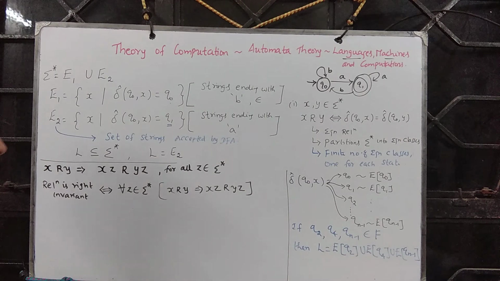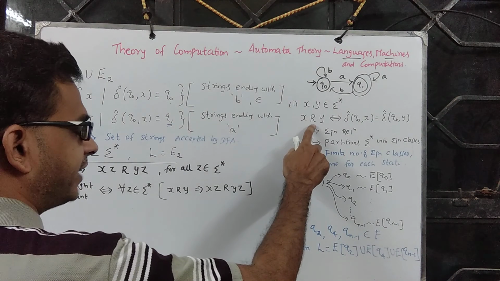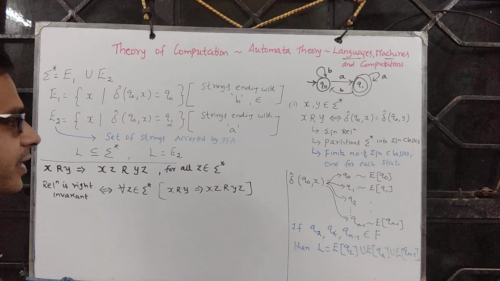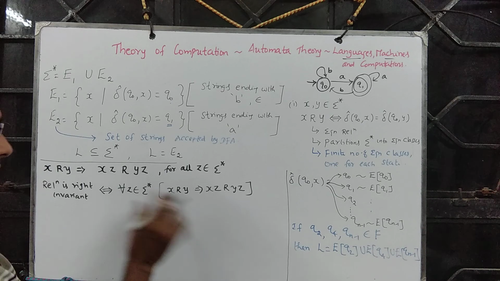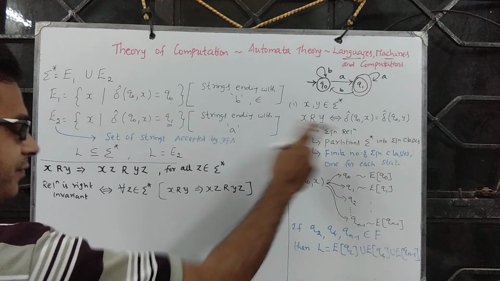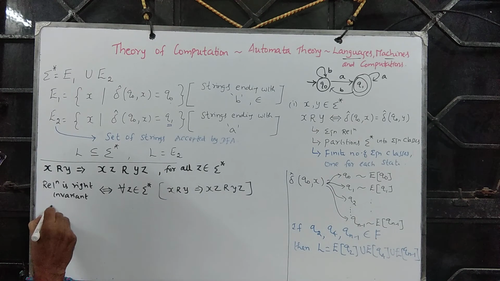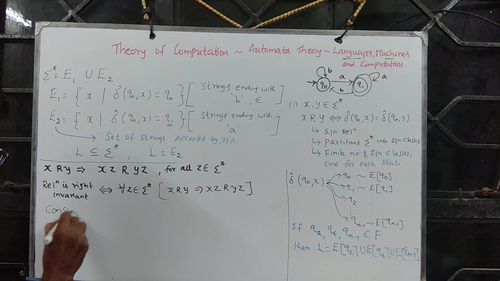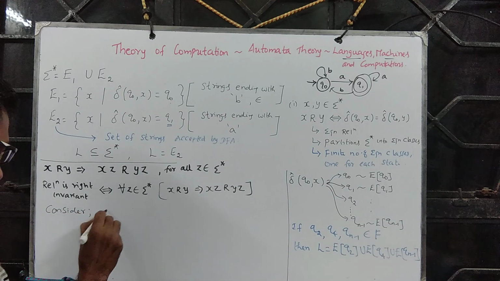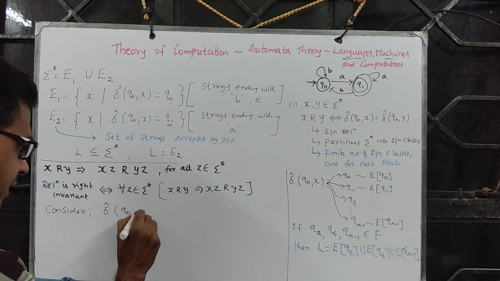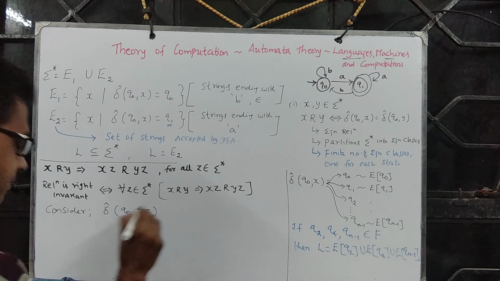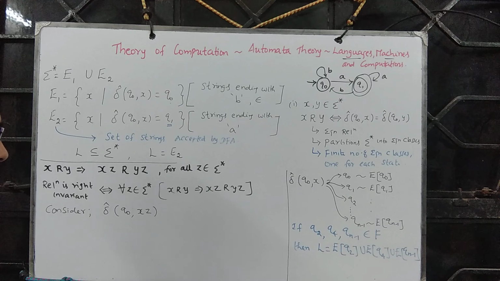Now we will show that this relation is indeed right invariant. Okay. So to show that it is right invariant, we make use of this. So consider delta cap of q naught comma xz. What are we supposed to show?